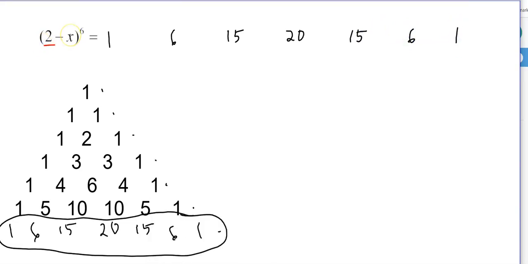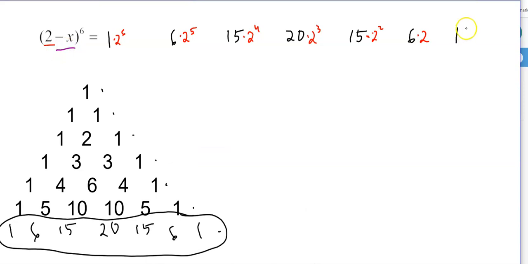So first term, this is not bad. This is just 2 to the sixth, right? I'm not going to worry about parentheses. It's positive. Times 2 to the fifth, times 2 to the fourth, times 2 to the third, times 2 squared, times 2 to the first, and then just a constant there.